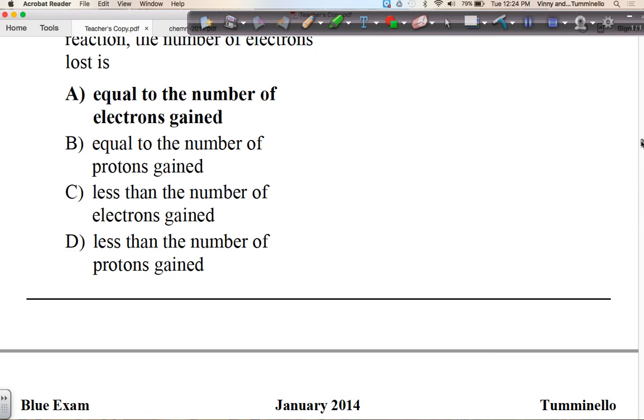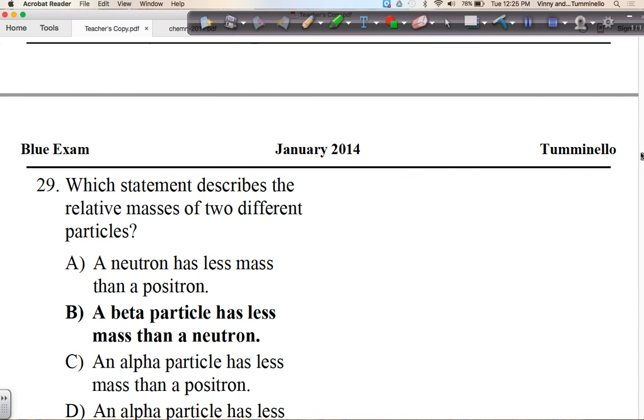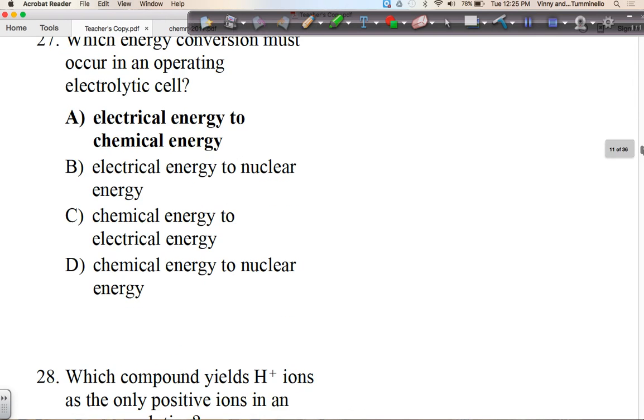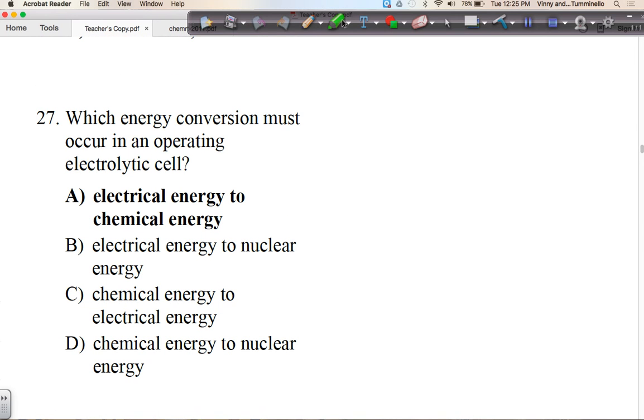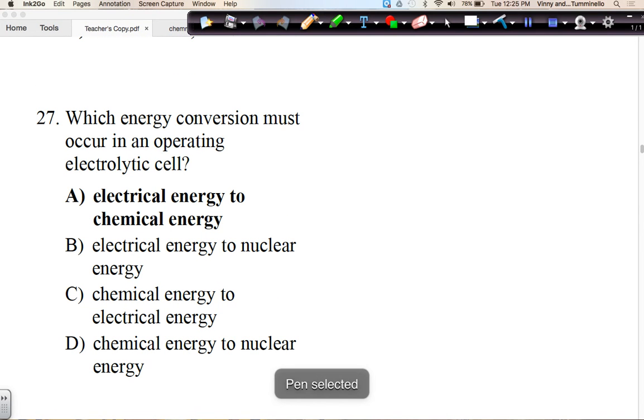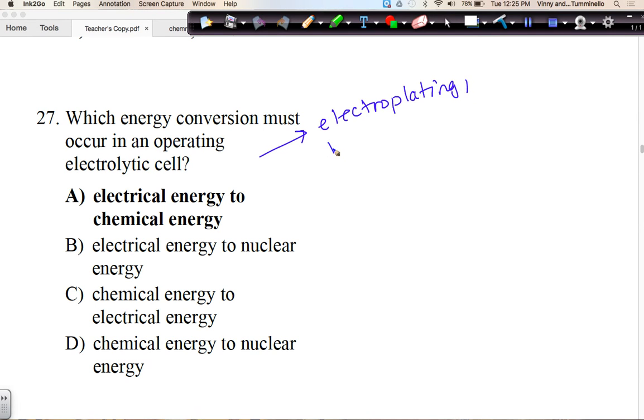For number 27, which energy conversion must occur in the operating of an electrolytic cell? An electrolytic cell, remember, is like electroplating or recharge of a battery.